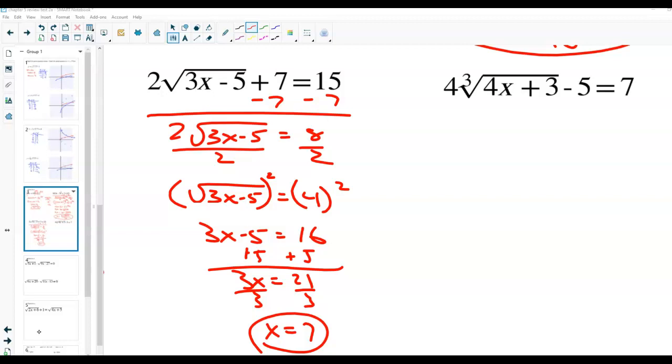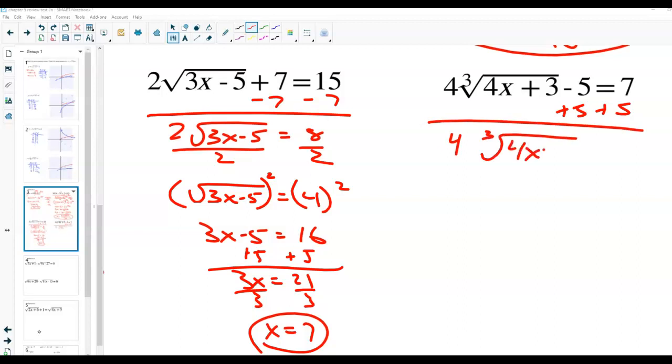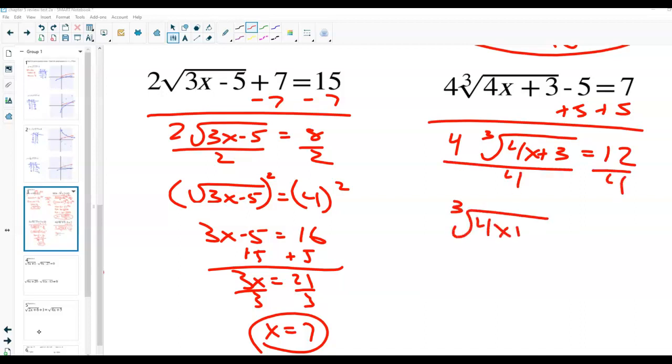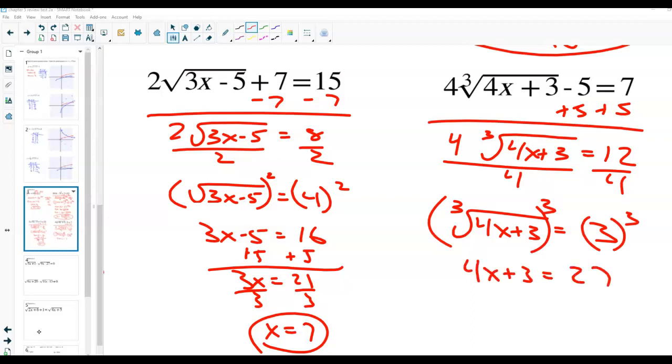With the cube root, it's the same deal. You still got to get the radical alone. The one difference in this problem is I'm not squaring both sides. I am cubing both sides. That's how I get rid of the radical. 4x plus 3 equals 27.